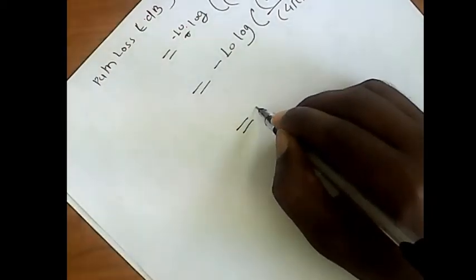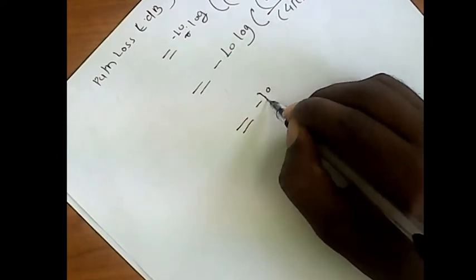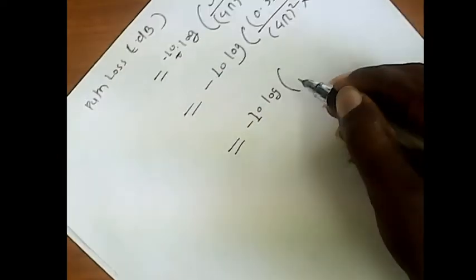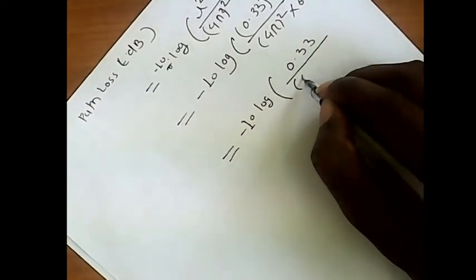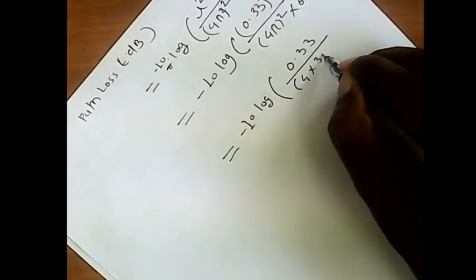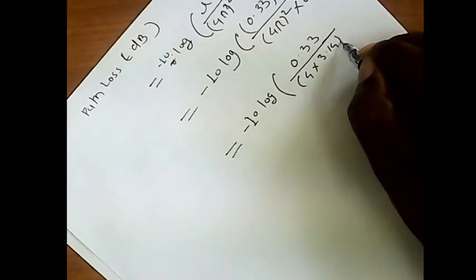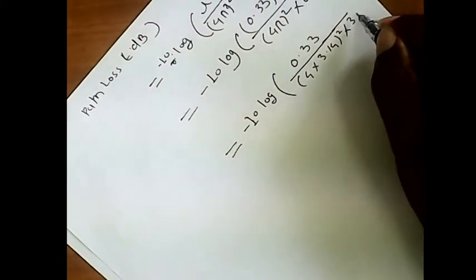So if we calculate the whole equation, it is minus 10 log of 0.33² divided by 4 × (3.14)² × 36.